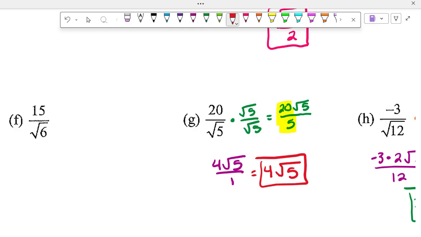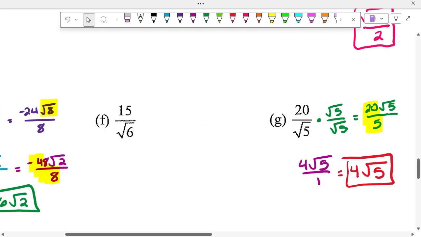So always check the whole numbers outside of the radical and see if they can simplify. All right, try letter F on your own.